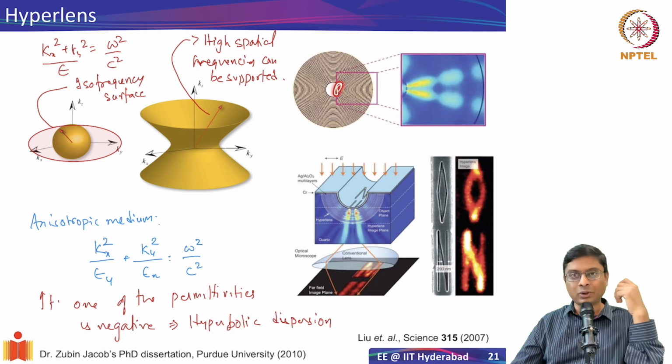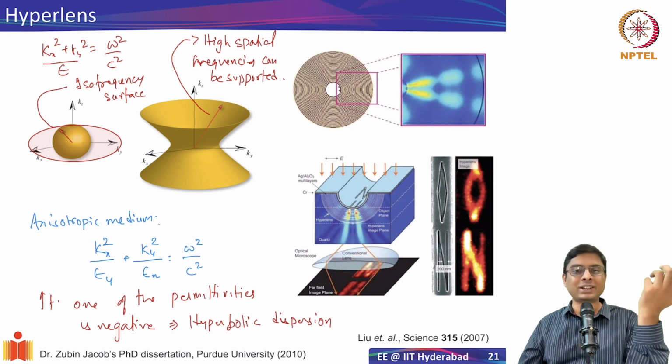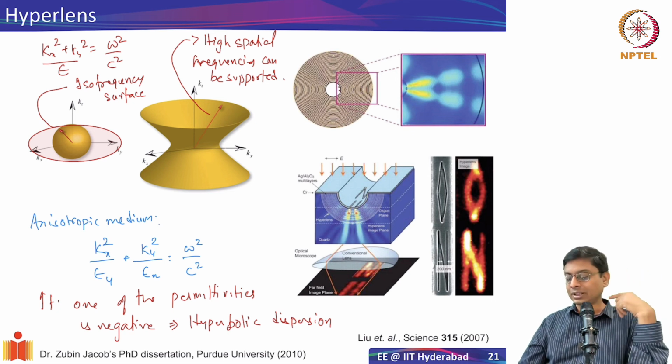This was a very, very small object, but depending on the inner and outer radii of this sphere, the information can be magnified and eventually imaged using a traditional microscope. So you don't have to worry about the diffraction limit anymore. All the high spatial frequencies are getting converted into propagating waves after they propagate through this hyperbolic metamaterial, which they called a hyperlens.